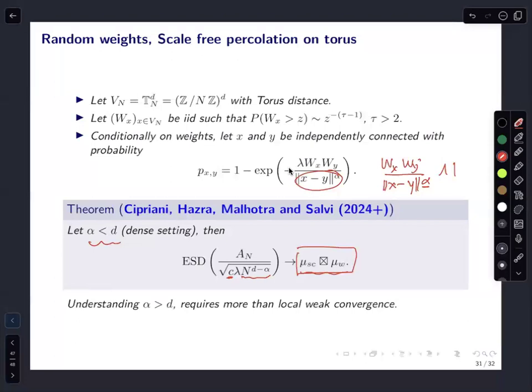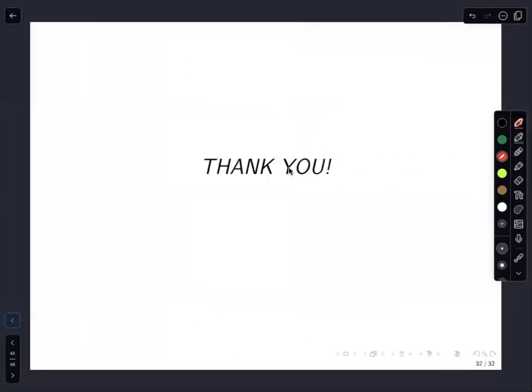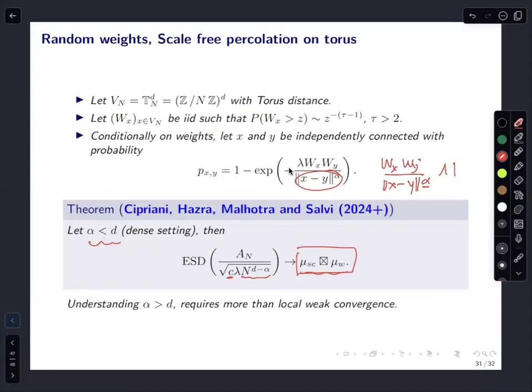It's a very complicated object. It's not described by Galton-Watson trees. It's much more than that. So here we'll resort to the techniques which I skipped in the Stieltjes transform part, to prove them. And so, thank you for listening to this. If you have any questions, please feel free to ask.